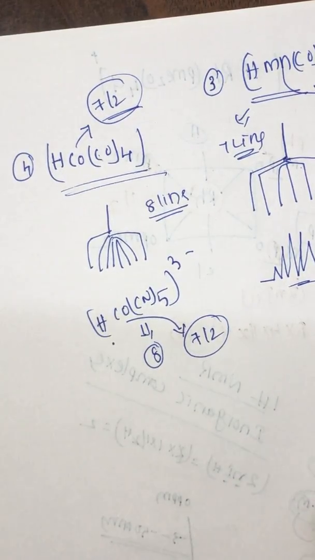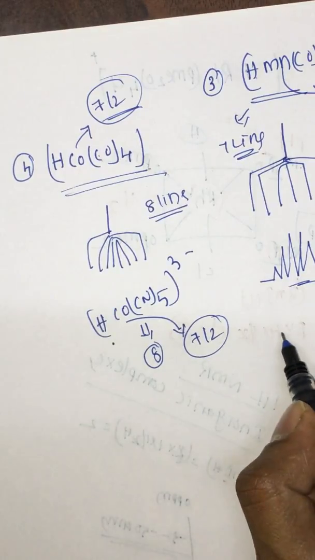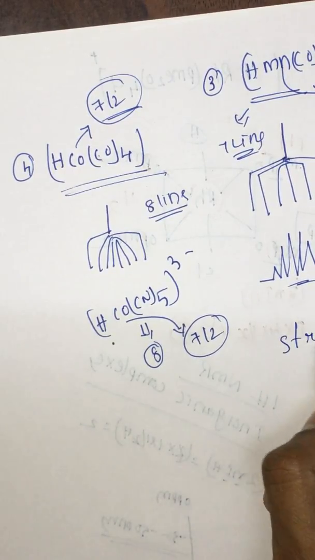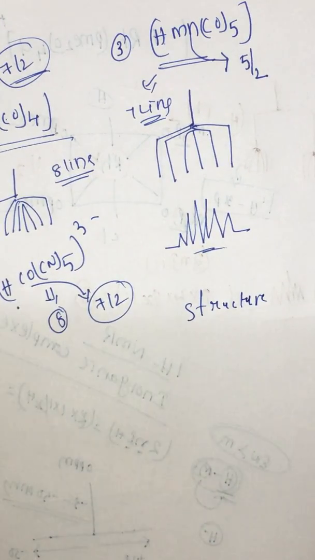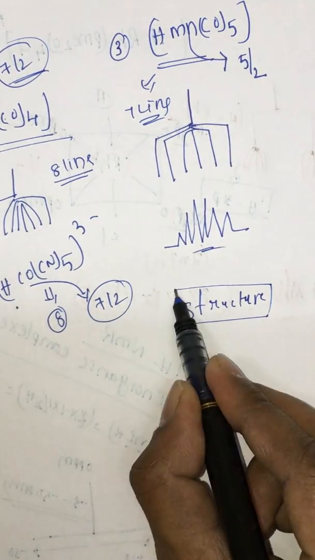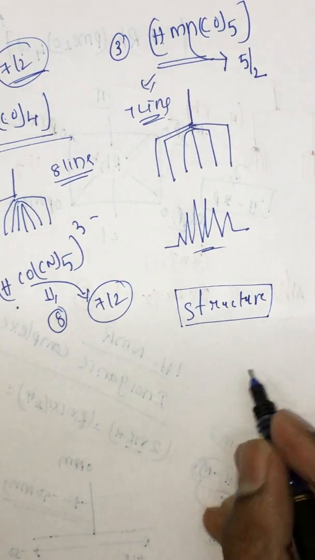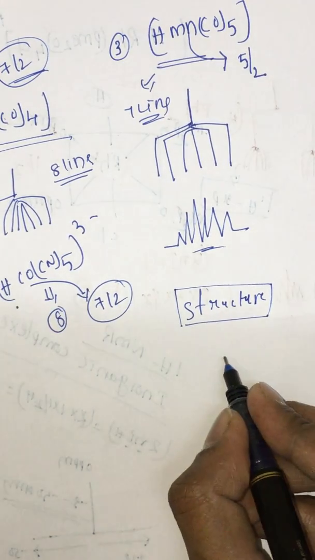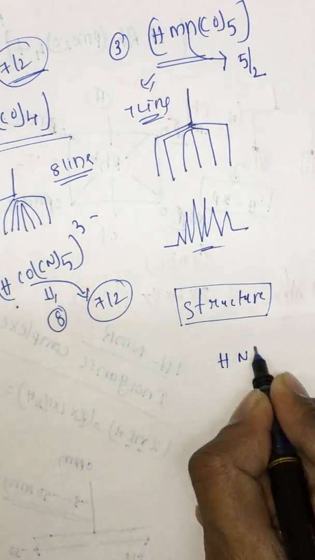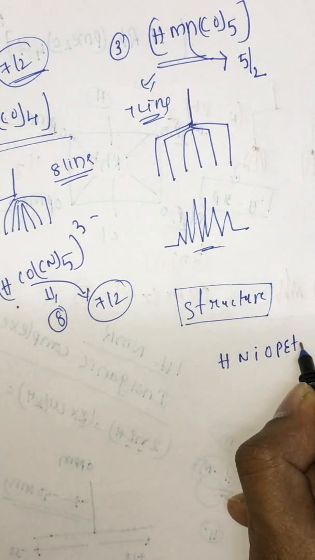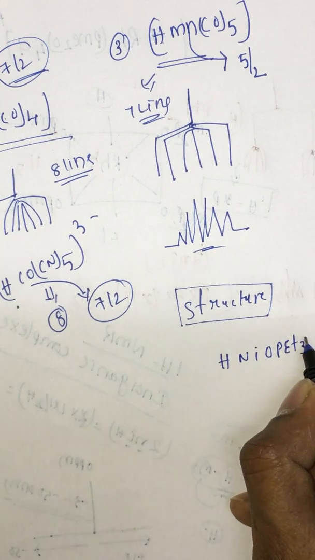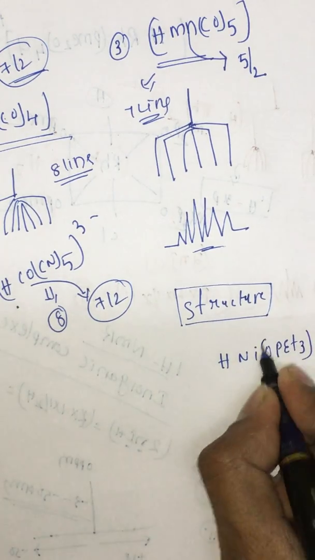Next, this NMR spectra we can use to predict the structure of a complex also. How is NMR spectra useful in predicting the structure of a particular complex? Let's say we have a complex HNi[P(OEt)3]4.